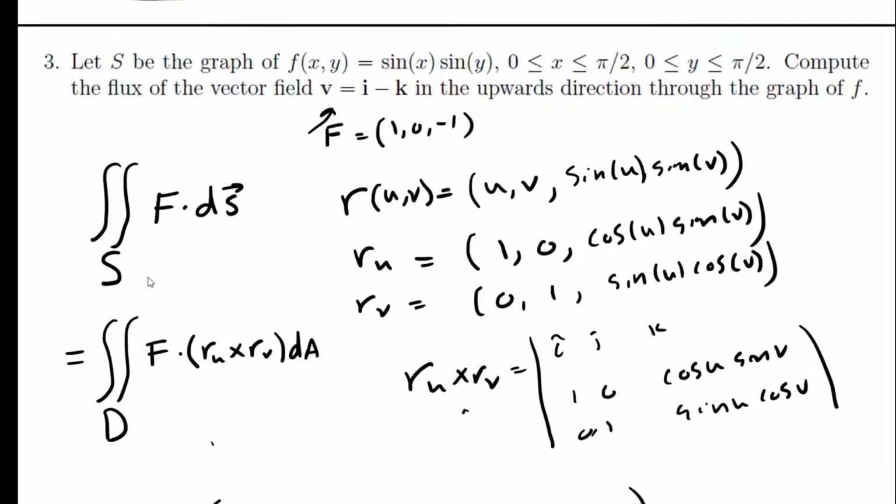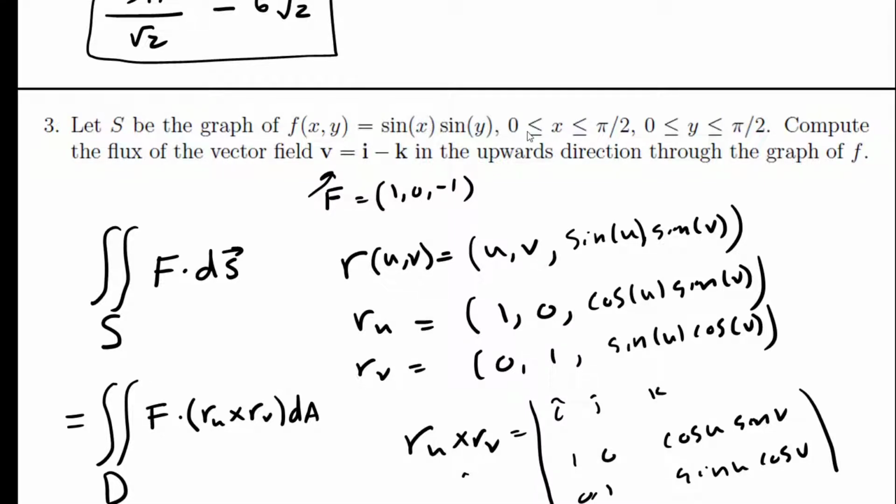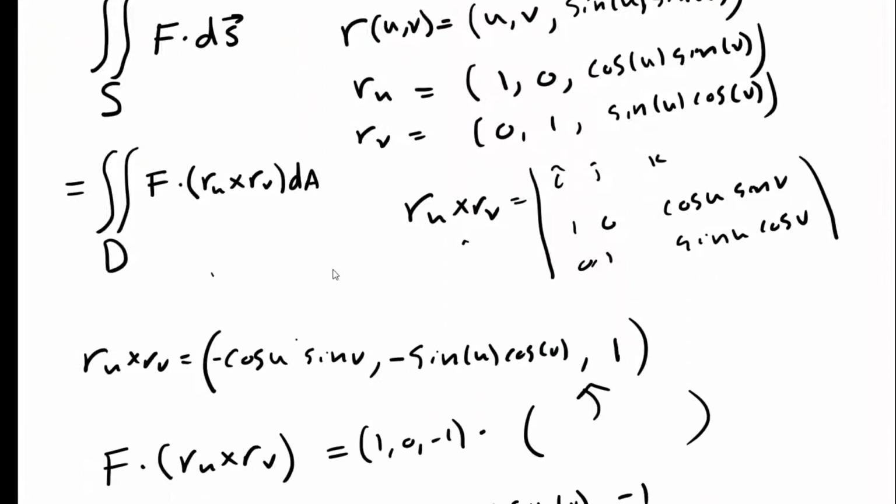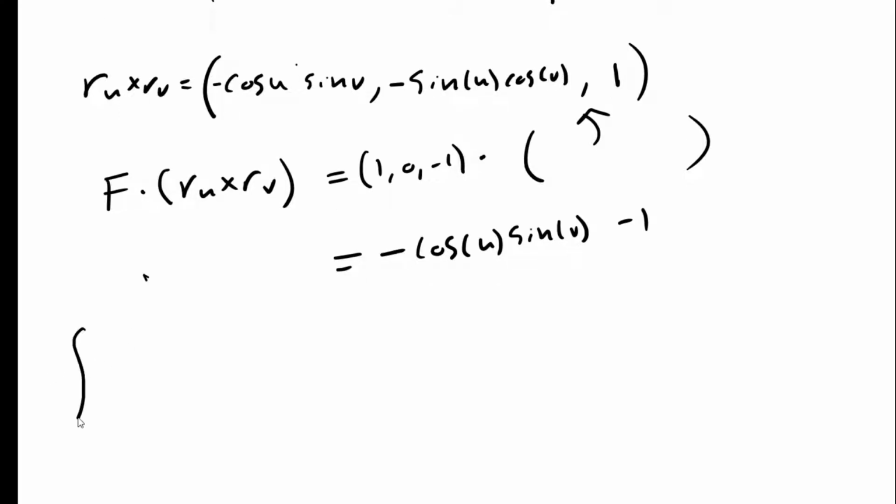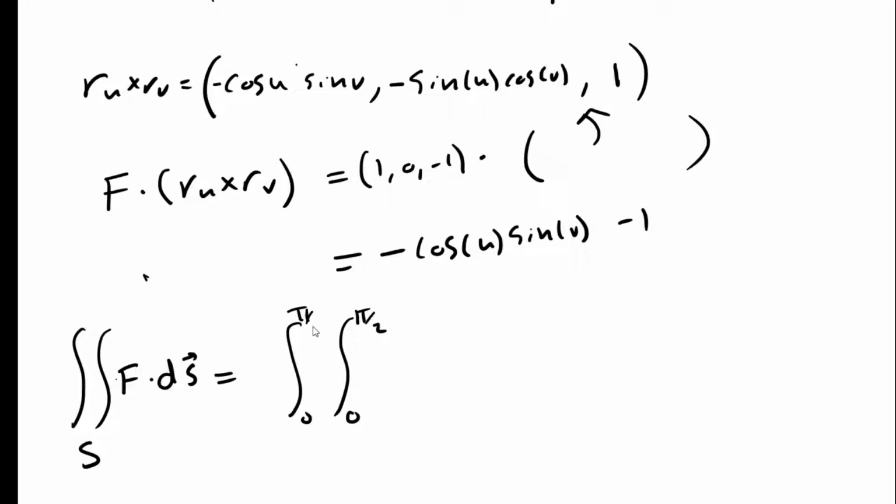It gives us the bounds for u and v: u and v both go from 0 to pi over 2. So the integral over S of F dot dS is the integral from 0 to pi over 2 of minus cosine u sine v minus 1 du dv.